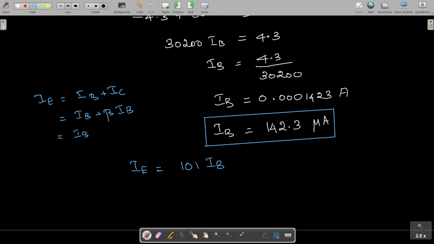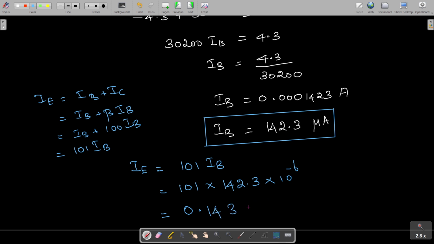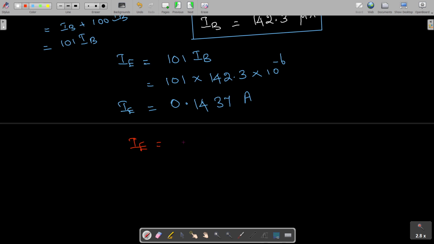And this is IB plus 100 times IB, because beta is given. So it is 101 times IB, isn't it? So in that, if you substitute 101 into 142.3 microamps, that is 10 power minus 6, the answer is 0.1437, this much amperes.